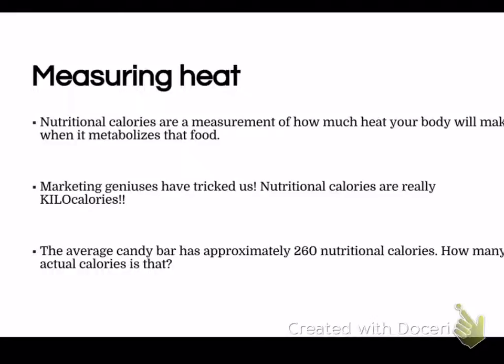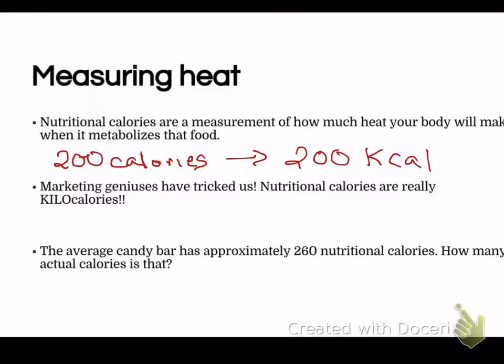And it says right on there that there are 200 calories. So whenever a nutritional label says 200 calories on it, the truth is that that's actually kilocalories. When they're saying 200 calories, they actually mean scientifically that that's 200 kcals.